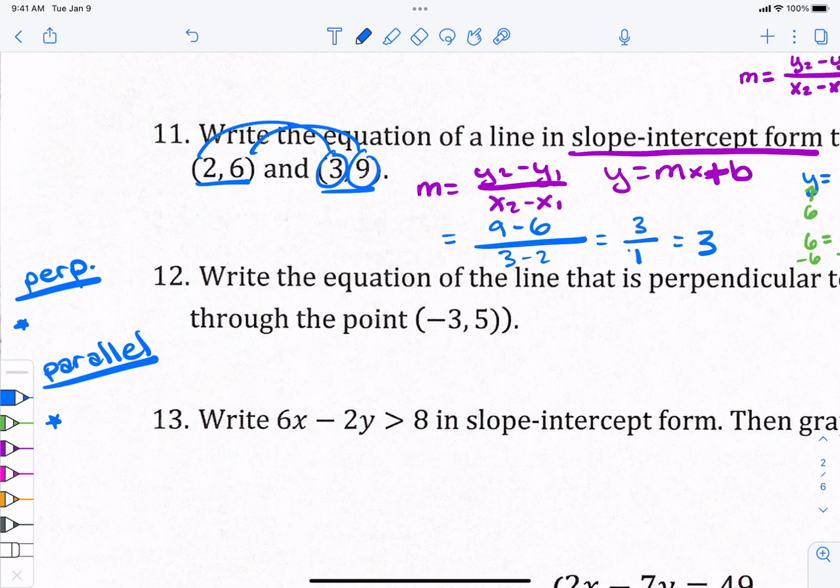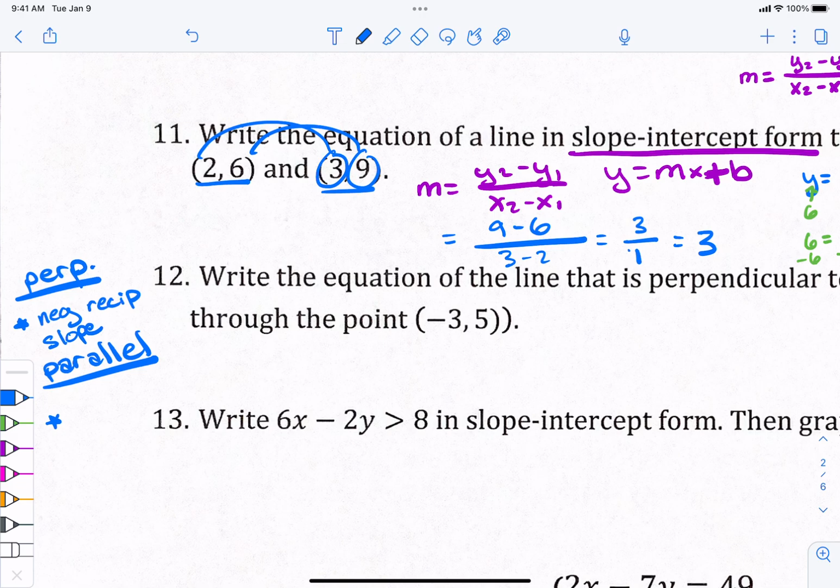If two lines are perpendicular, what will they look like? They're going to intersect at a 90-degree angle, right? What's special about their equations? Their slopes will be negative reciprocals, okay?